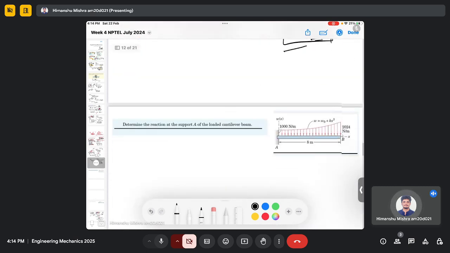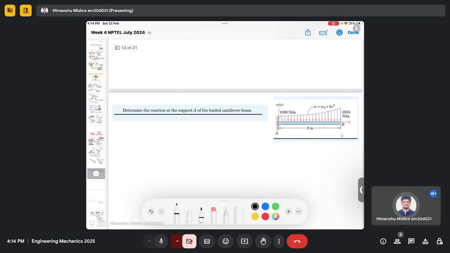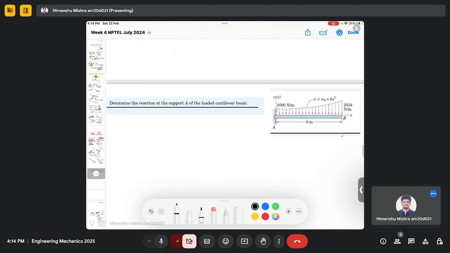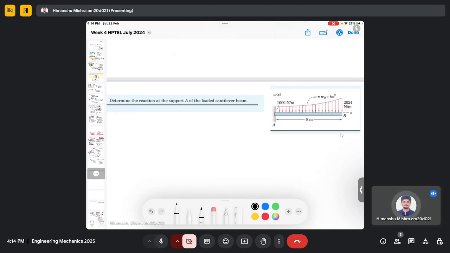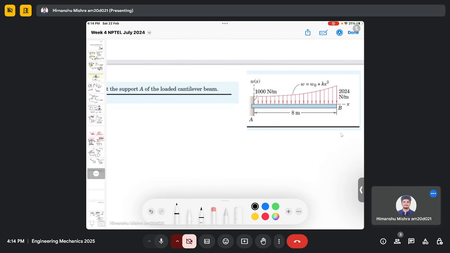So now we change the force a bit more. First we talked about the uniformly distributed force, then the triangular kind of distributed force. Now our force varies non-linearly with x. So now it is varying as x to the power of 3. And now we want to solve this question.